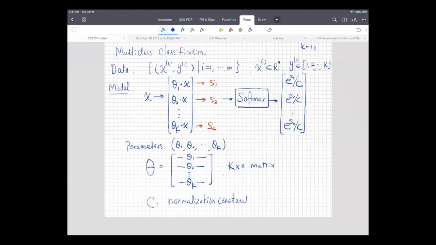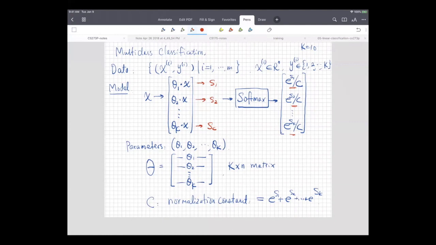In particular, C is simply equal to e^S1 plus e^S2 plus up to e^SK. By doing that, each of these components has a value between 0 and 1, and they are also positive because you take an exponential.